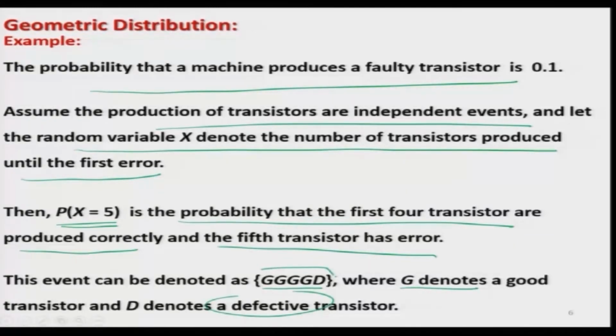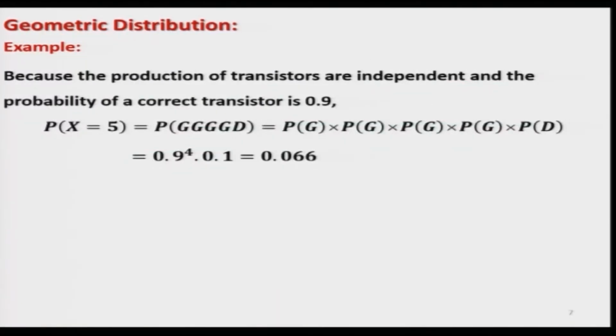This is a sequence of events, and the productions of these transistors are independent, and the probability of a correct transistor is 1 − 0.1, which is 0.9.